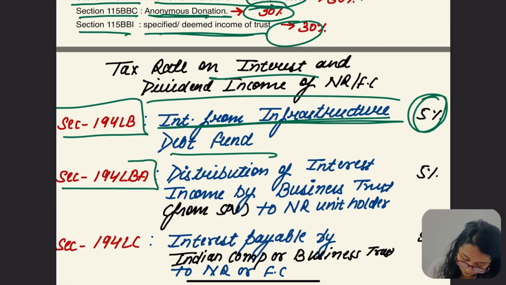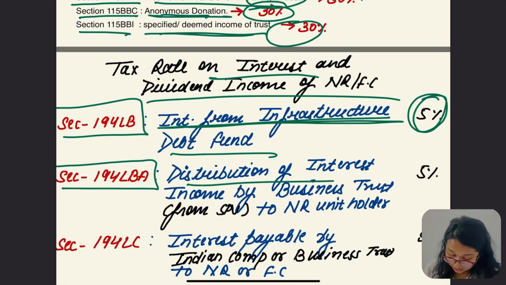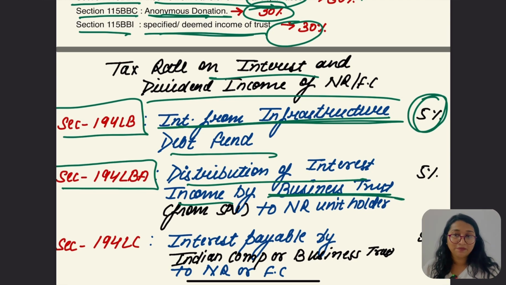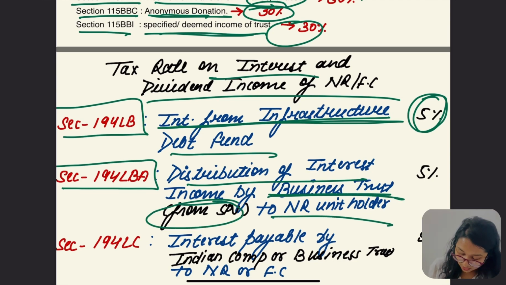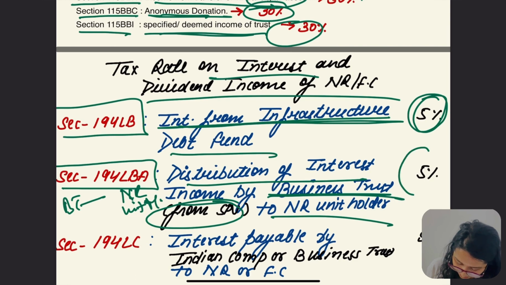Section 194LBA says about the distribution of interest income by business trust from SPV to non-resident unit holder. In that case again 5% would be taxable. Hope so this part was clear to you.